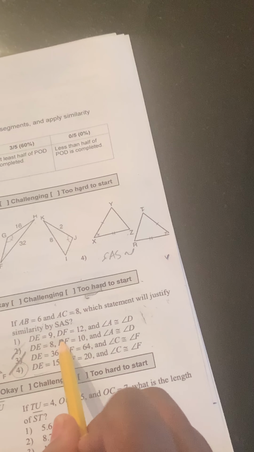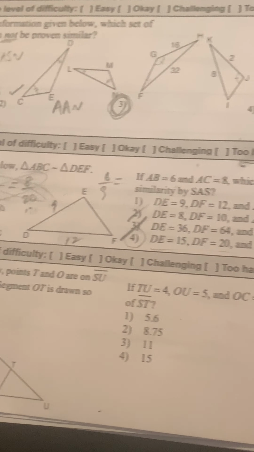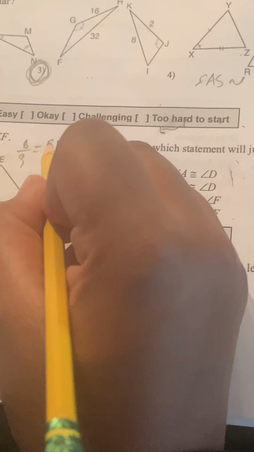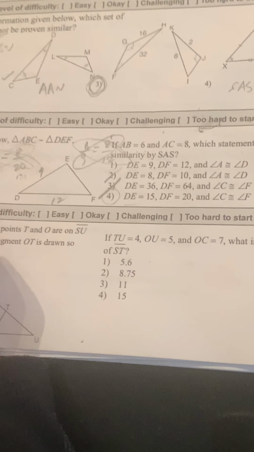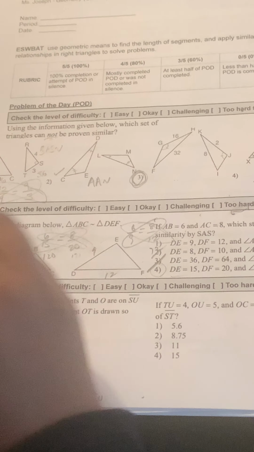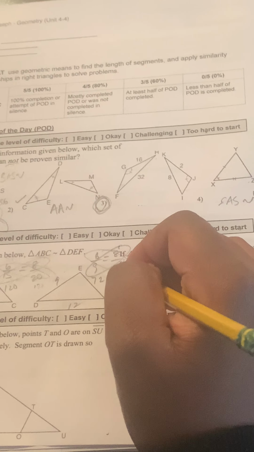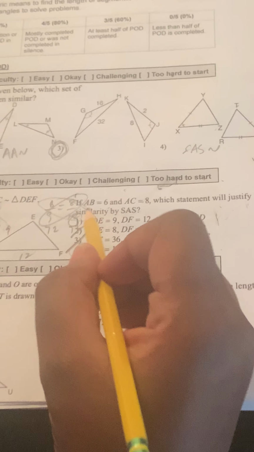So DE is 9, DF is 12, so 6 over 9 is equal to 8 over 12, right? Well, 6 times 12 gives us 72, right? And 8 times 9 is 72 as well. So notice that both of these sides are proportional.